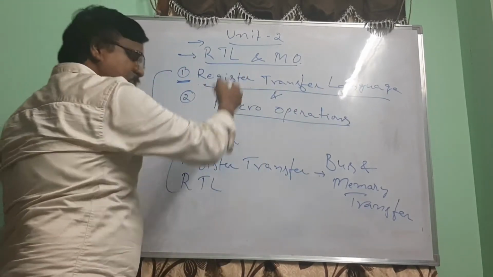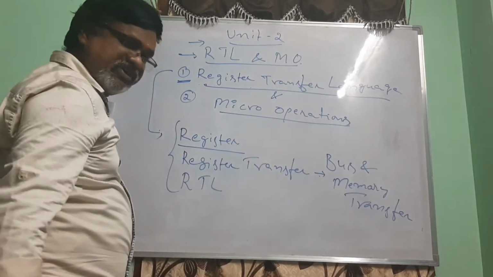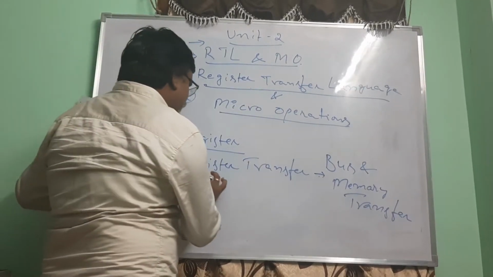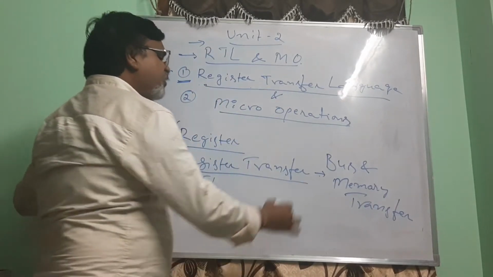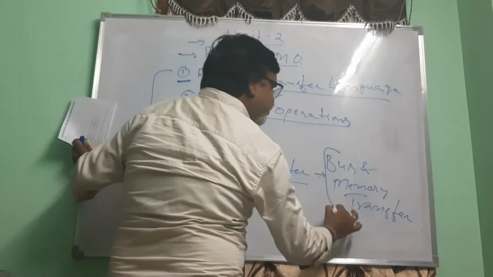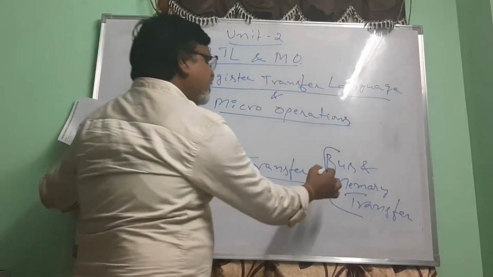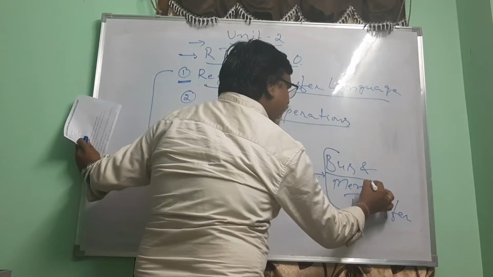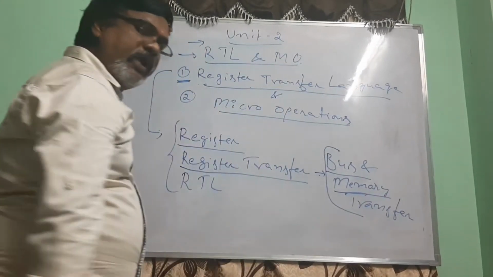Under register transfer language, we are going to discuss what a register is and how the transfer is done between registers. These registers are used for transfer of bits with the help of memory locations.